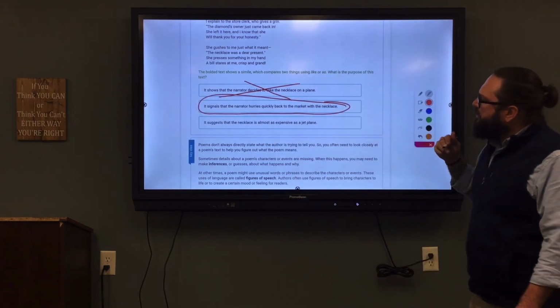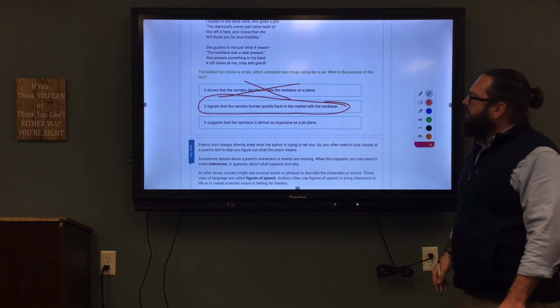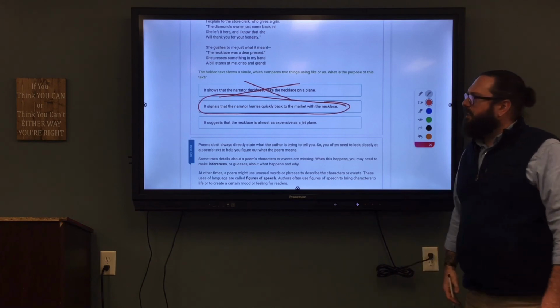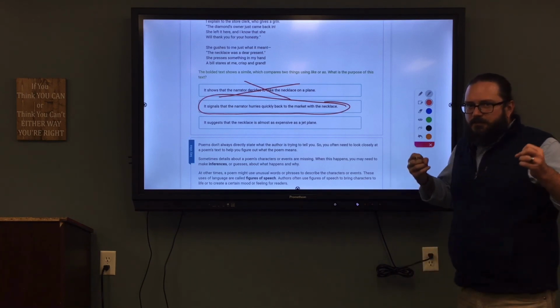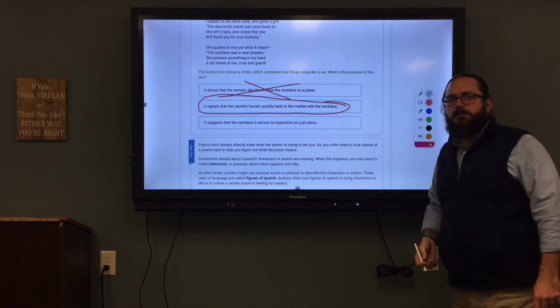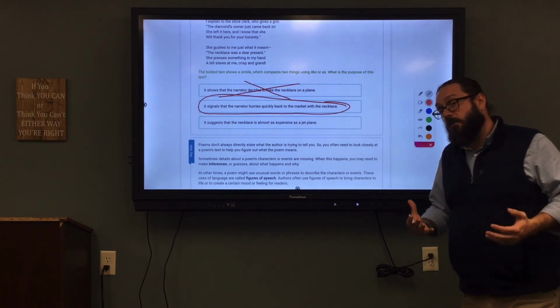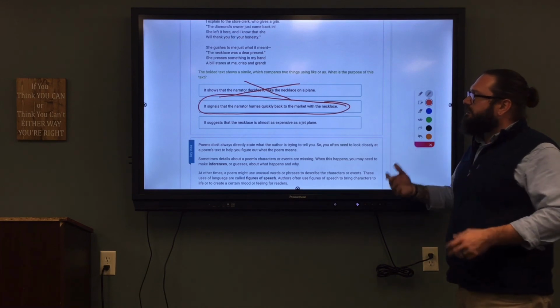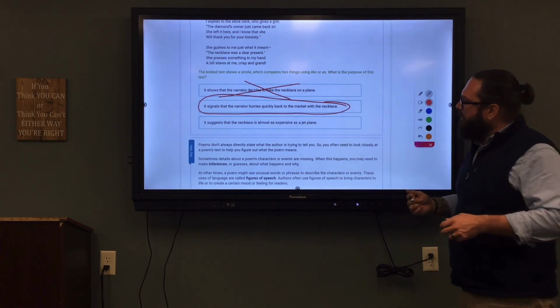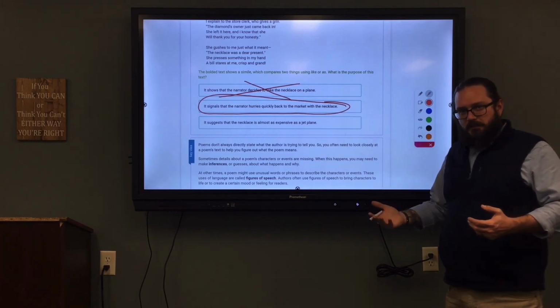The last one, it suggests that the necklace is almost as expensive as a jet plane. Nothing in the text really stands out about just how expensive the diamond was. We do know that diamonds are expensive, but there's nothing in the text that really puts us in a price range on how much it costs. We also know jet planes are expensive.